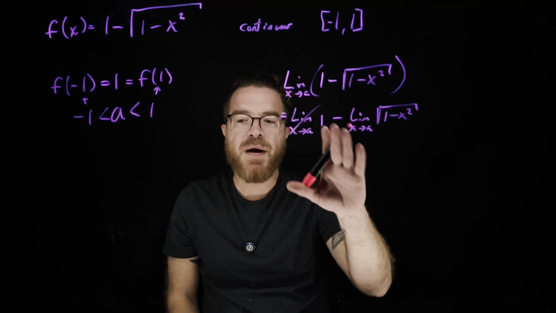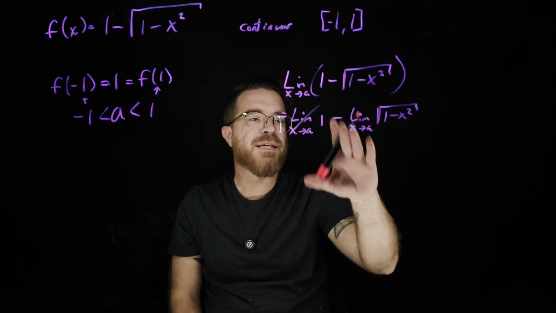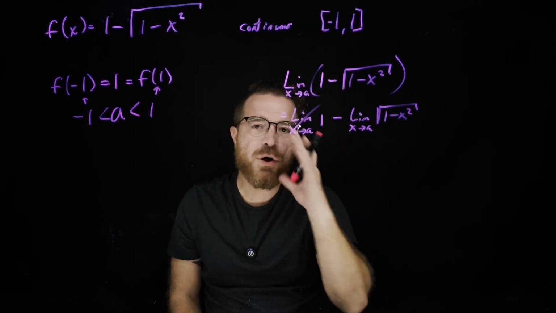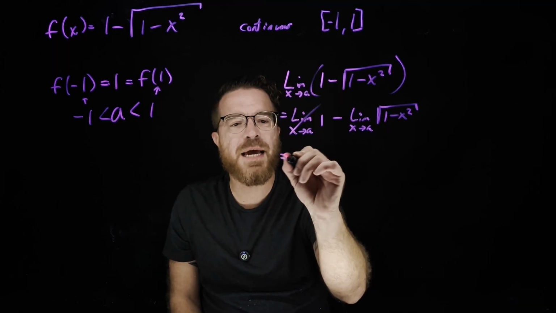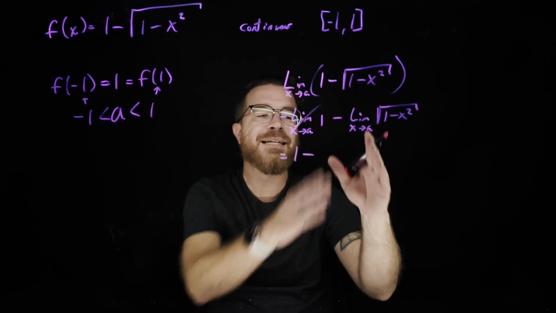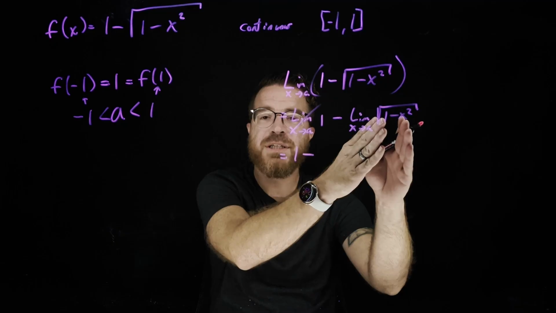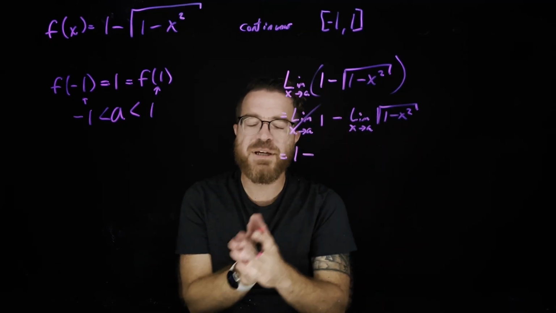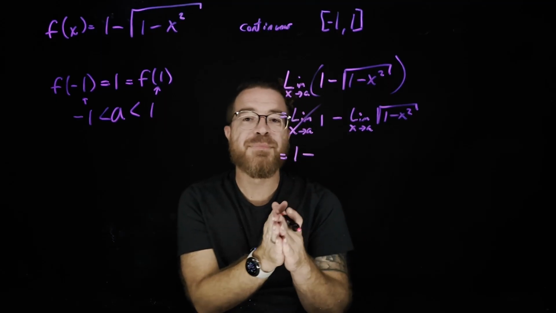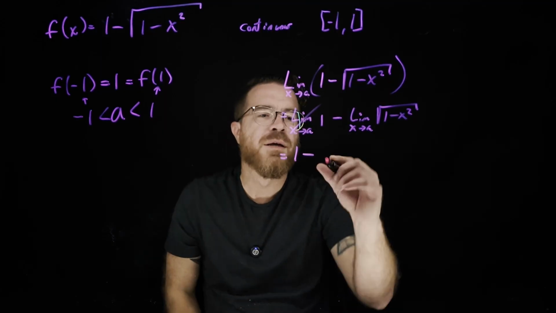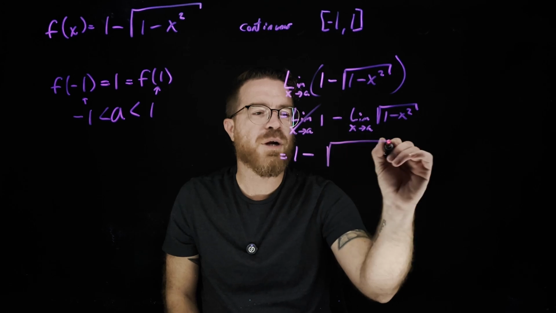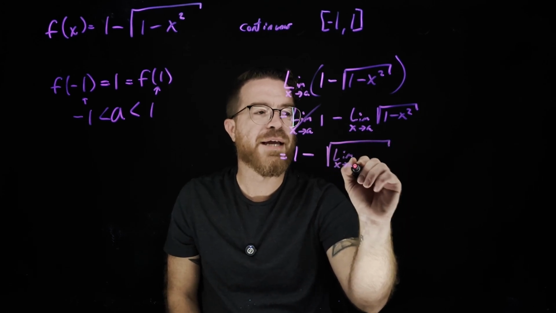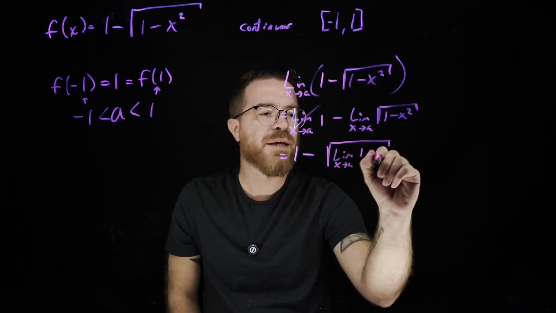Now we have 1 minus the limit as x approaches a of the square root of 1 minus x squared. Now, using our limit laws, we can actually rewrite this. I can take the limit of the function that's inside all to the square root. If I have the limit of a square root, it's the same thing as taking the square root of the limit. So this is going to then be 1 minus the square root of the limit as x approaches a of 1 minus x squared.